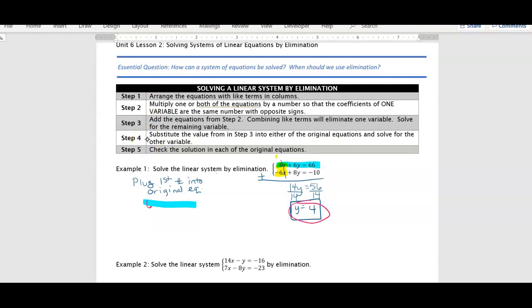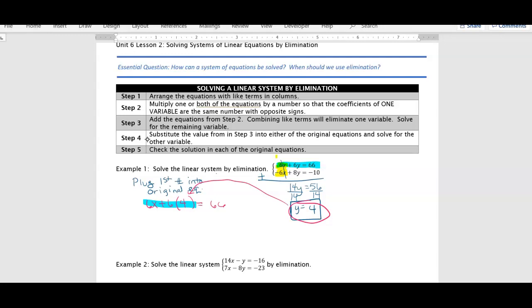So I'm going to write 6x plus 6, and instead of the y value, putting parentheses there, and I'm putting the 4. So I substituted the y for 4. And then I'm going to write the rest of the equation out, equals 66. So I have 6x plus 6y, which is 4, equals 66.